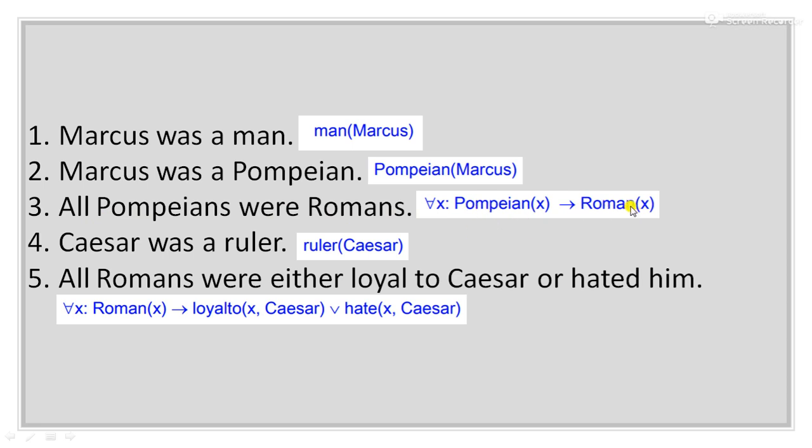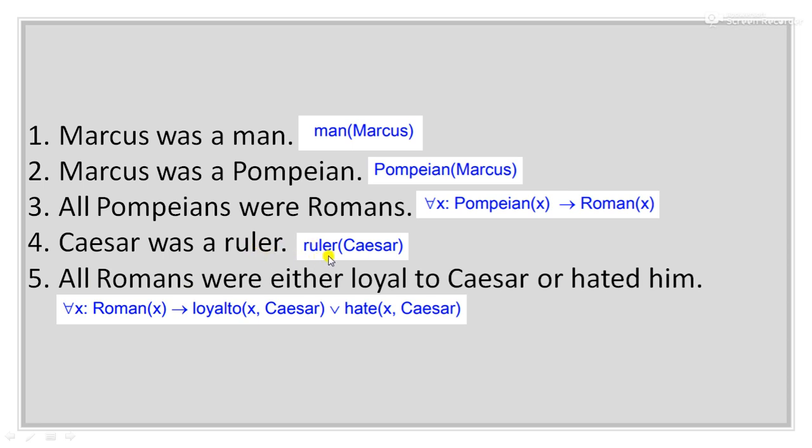Next is Caesar was a ruler. So you could think like ruler is a class, and Caesar was the object of that class. Now all Romans were either loyal to Caesar or hated him. In this we have a universal quantifier, that is all.